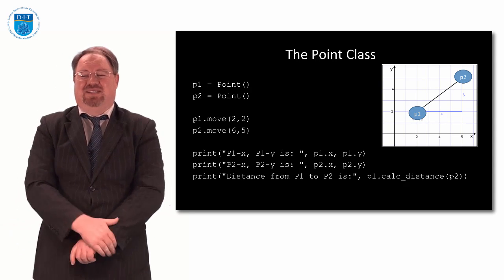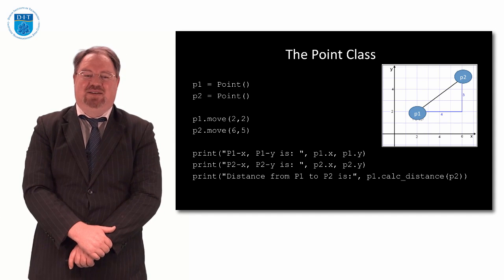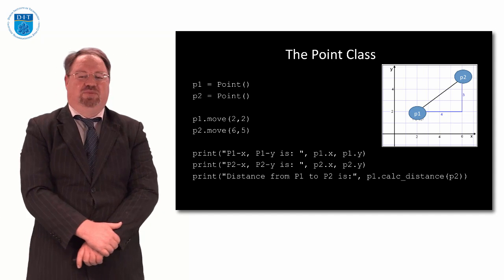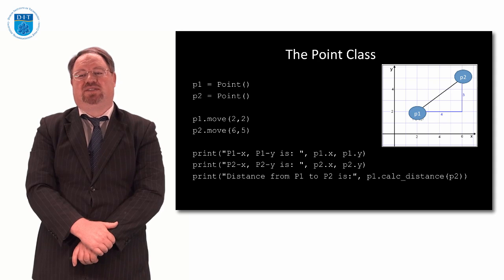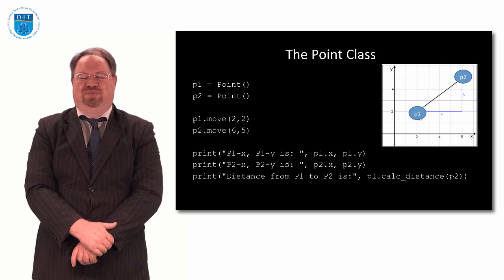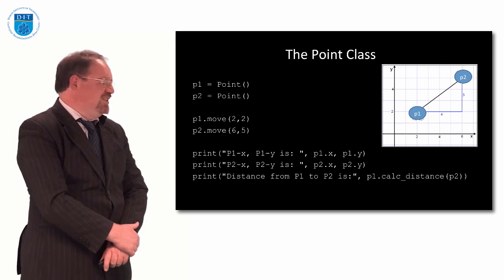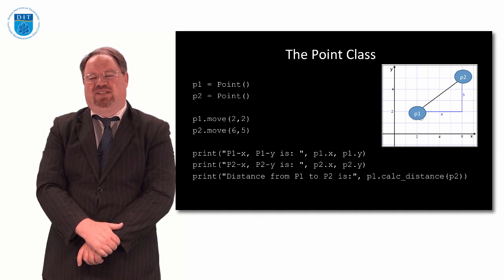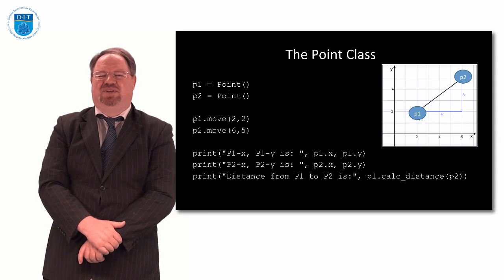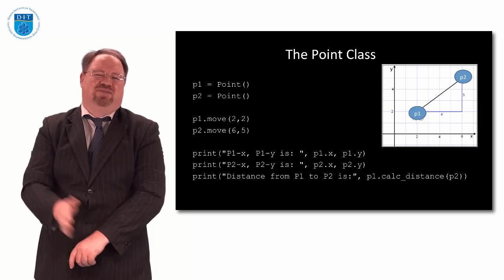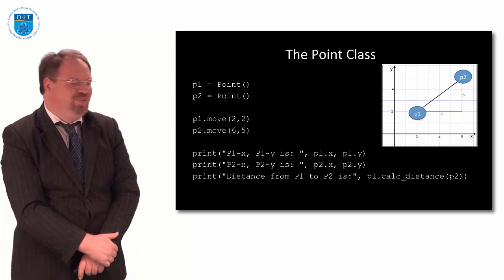Instead of P1.move 2, 2, we could say P1.x 2, P1.y 2. Instead of P2.move 6, 5, we could say P2.x 6, P2.y 5. But that's so slow and so five minutes ago.